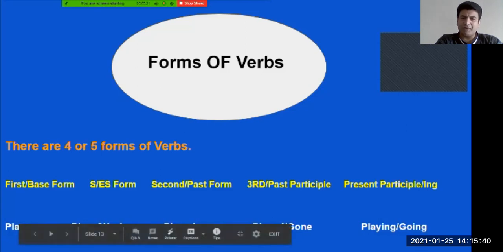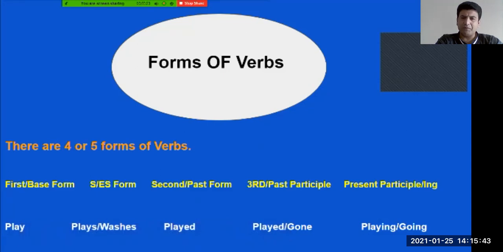The another form is S or ES form. This is also the part of the first form of the verb, but it is written differently with S or ES. As I just mentioned, we use them with the third person singular, he, she, it. When we say he plays or he washes, in this case, we use S or ES. So that's why that school of thought calls this also a form of the verb.